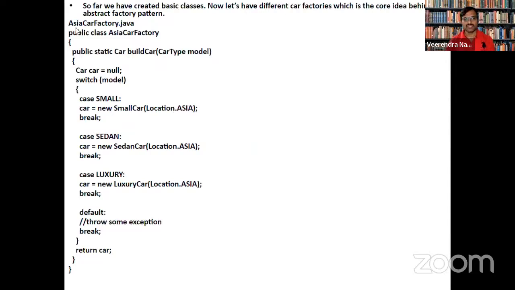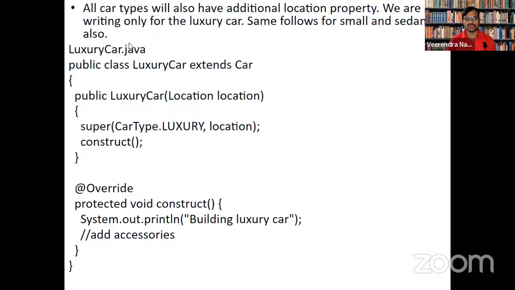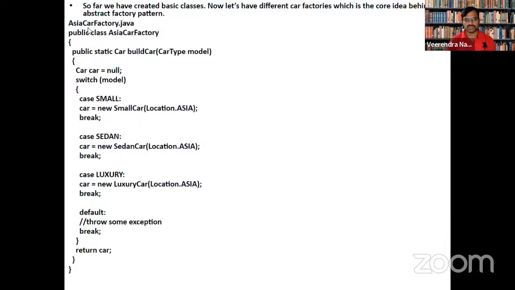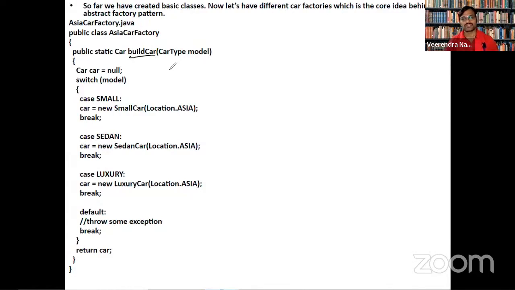Here also, if you observe, we are saying Asia car factory dot Java. Previously you had only one car factory, now you are saying Asia car factory. So how are you calling the Asia car factory here? In that you have a build car. What is that build car saying? We have to switch again between small, sedan or luxury.